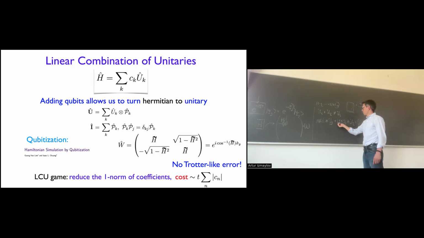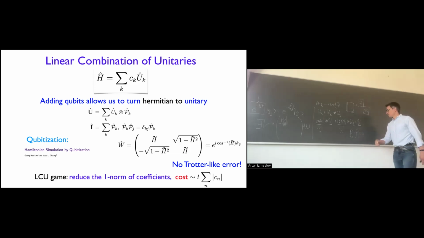So this projector and this projector, they are not overlapping, meaning that if we call this P0 and this P1, any product of P0 with P1 will be 0, right? So there's no overlap.